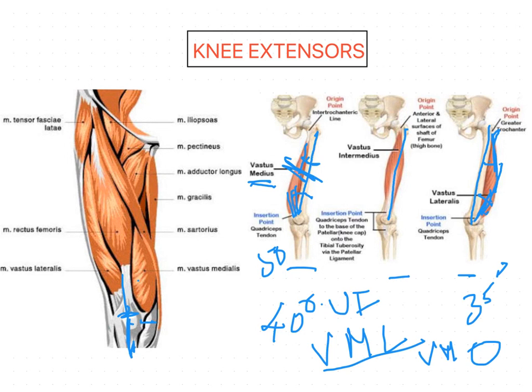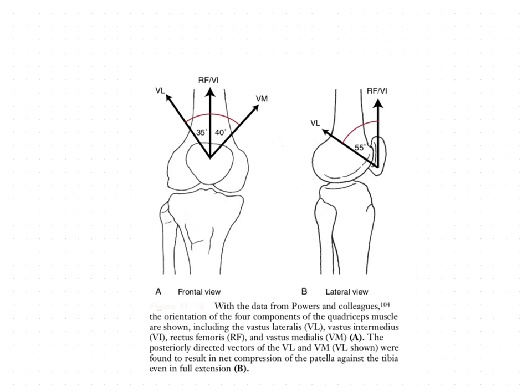Powers and colleagues, however, used a multi-plane analysis and noted that the relatively large vastus lateralis and vastus medialis have a posterior attachment side.